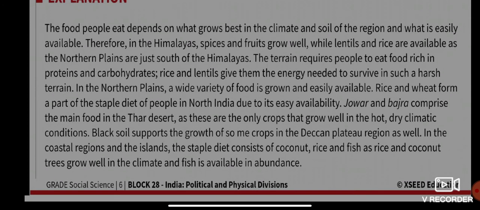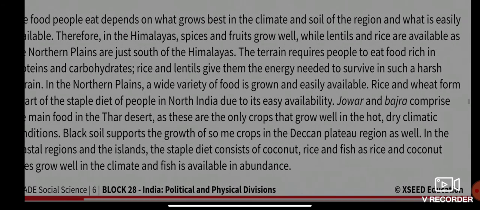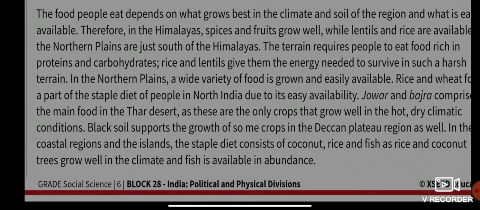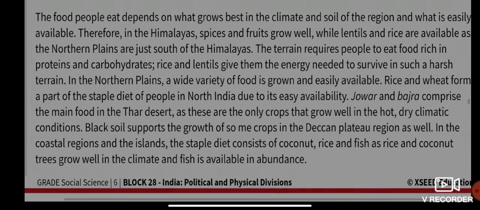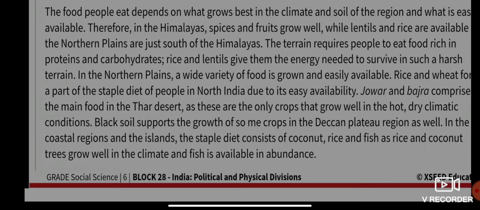In the northern plain the main cultivation is lentil and rice, whereas for people living in the Himalayas the main produce is spices and fruits. The terrain requires people to eat food rich in protein and carbohydrates. Rice and lentils give them the energy needed to survive in such a harsh terrain.